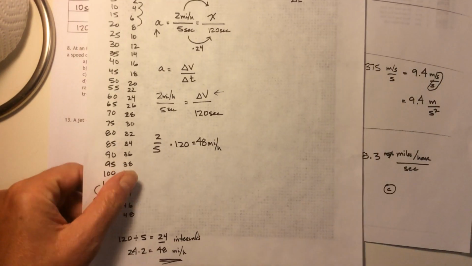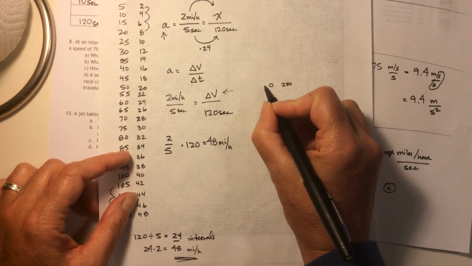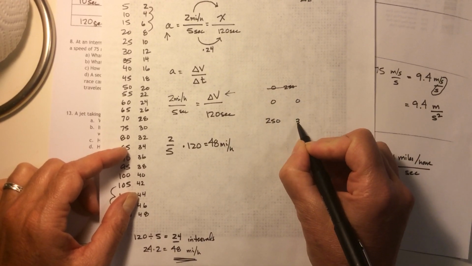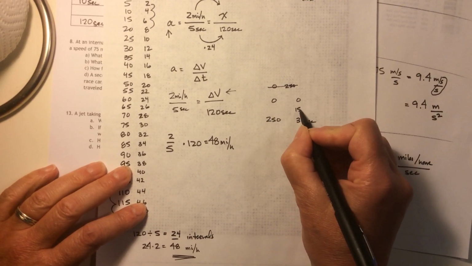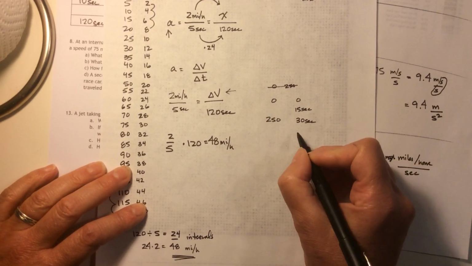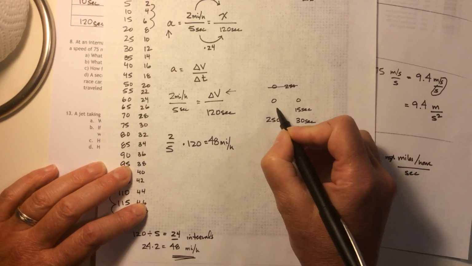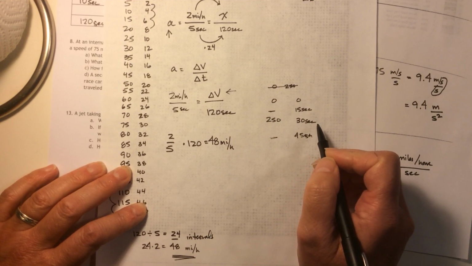You could say, well, I know it goes from 0 to 250 in 30 seconds. So in 15 seconds, it's going to go here, and then another 15 seconds at 45 seconds. I could figure out what this number is in half, and so I could do it with a table like we did before.